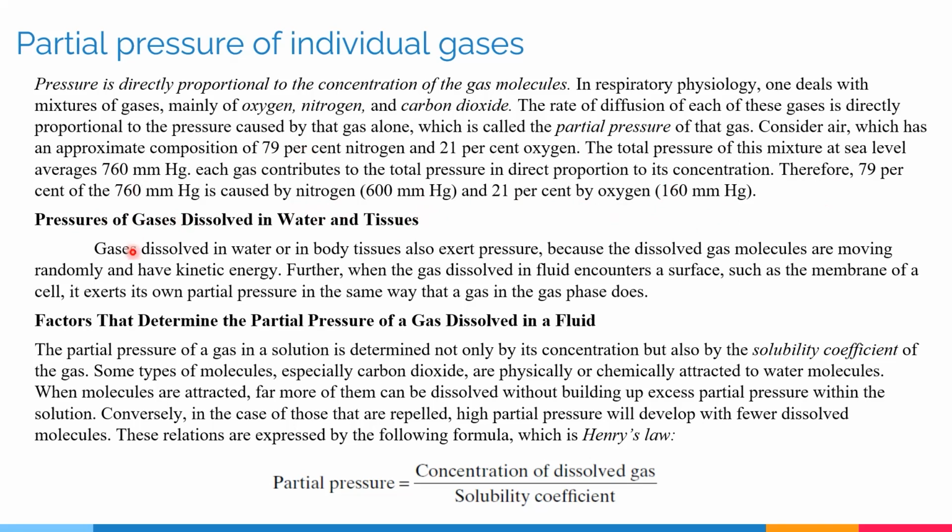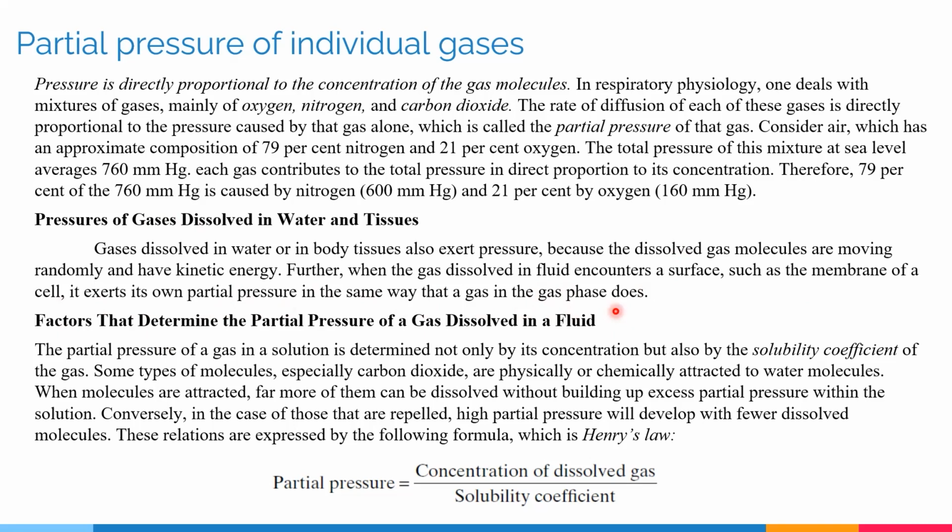Now, next we look into pressure of gases dissolved in water and tissues. Gases in water or in body tissues also exert pressure because the dissolved gas molecules are moving randomly and have kinetic energy. Further, when the gas dissolved in fluid encounters a surface, such as the membrane of a cell, it exerts its own partial pressure in the same way that a gas in a gas phase does.